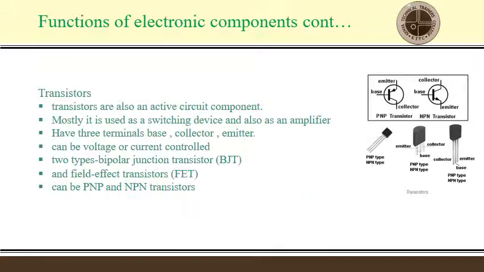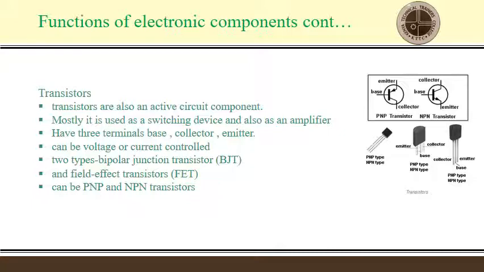The next component that we are going to tackle is transistors. Transistors are also an active circuit component, and they are mostly used as a switching or an amplifying device. Transistors have three terminals, that is the base, collector, and emitter. They can be voltage or current controlled. Transistors are of two types: bipolar junction transistors (BJT) and field effect transistors (FET).